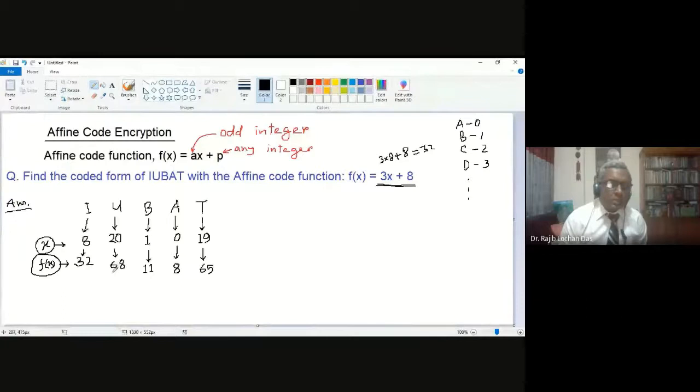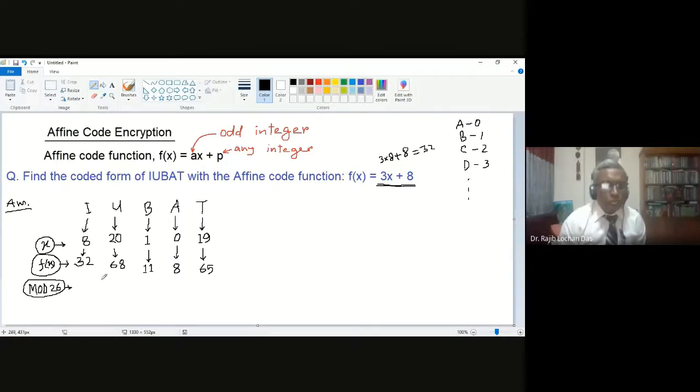So in the next step, you will use mod 26. Okay, let me write mod first. So the next step is mod 26. Be clear about the concept. Why 26? Because we are considering 26 letters used in the word.